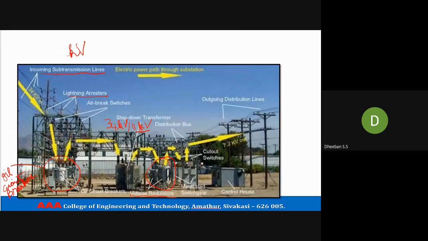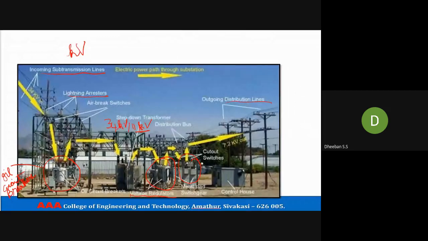After this, there will be a switchgear, again a protection device. After this only, they will give it to the next part of the power system, that is the distribution lines.